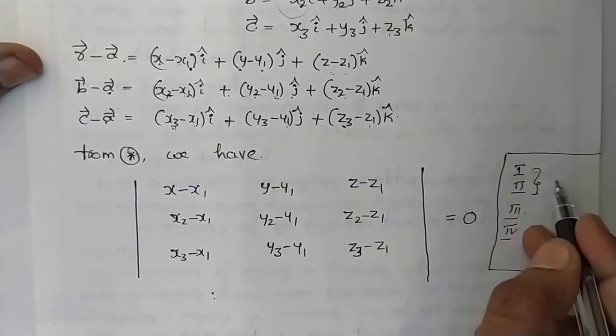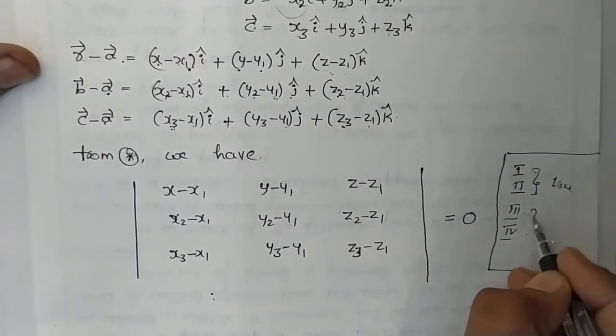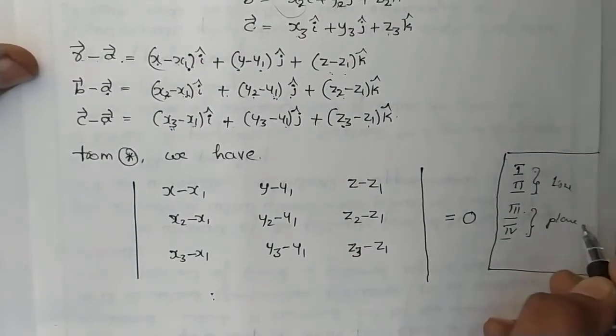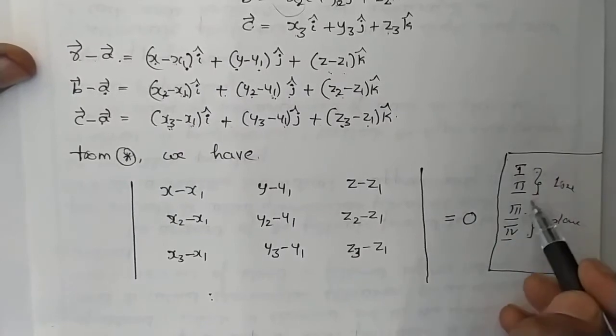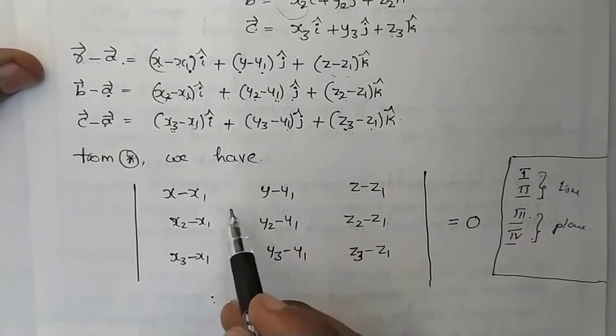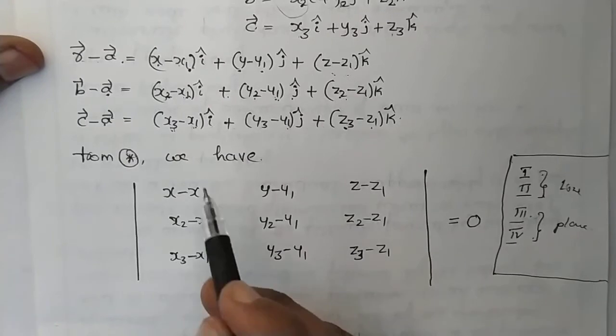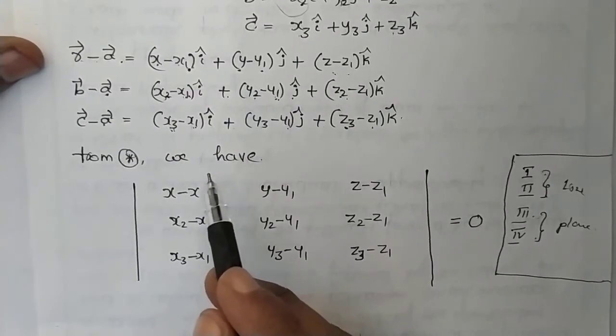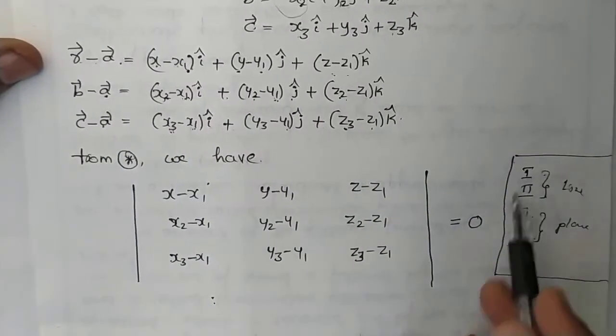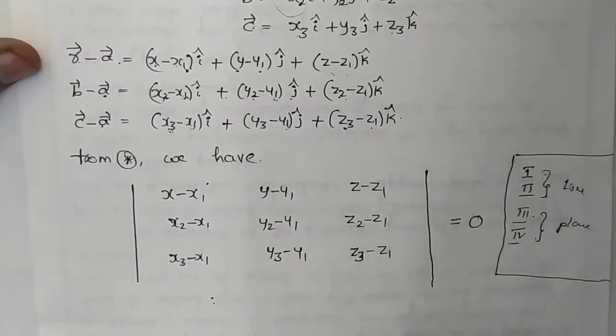These are the derivations of the equation of a line and the equation of a plane. These four derivations are very important. What we have derived in this class is not more important than these four derivations.